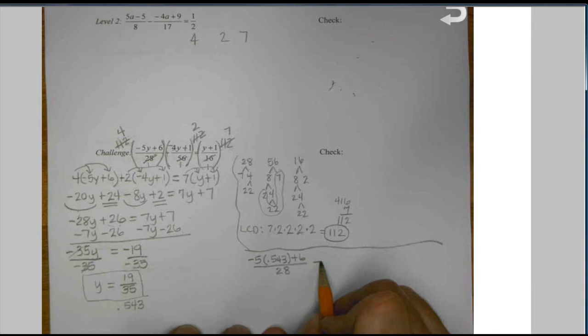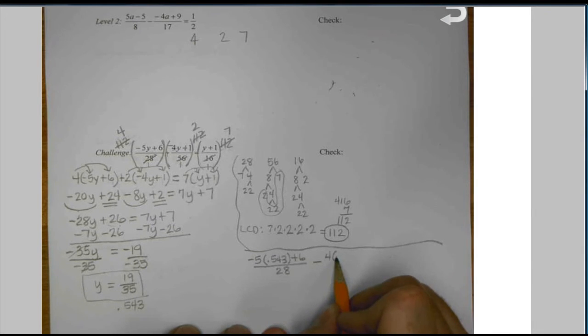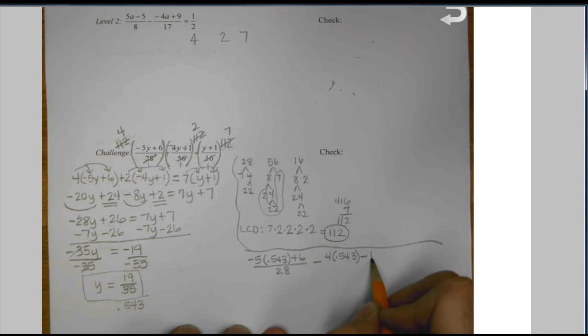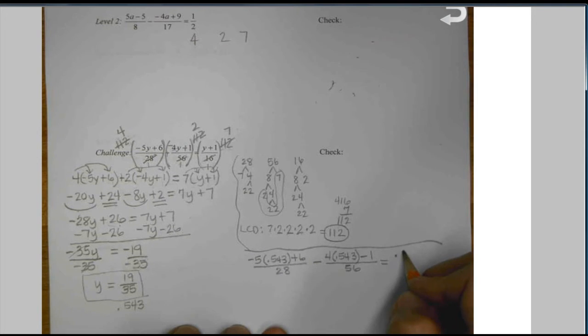And then I have minus, I'm going to use the minus where it was initially, 0.543, put that in for the y, minus 1 all over 56, set equal to 0.543 plus 1 over 16.